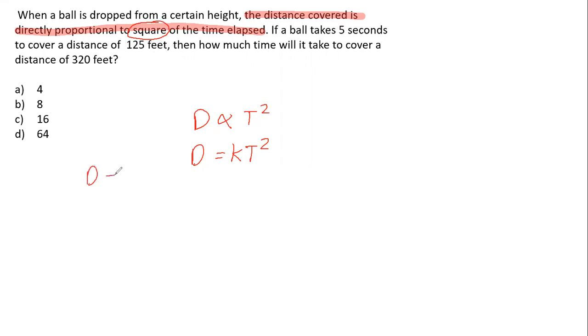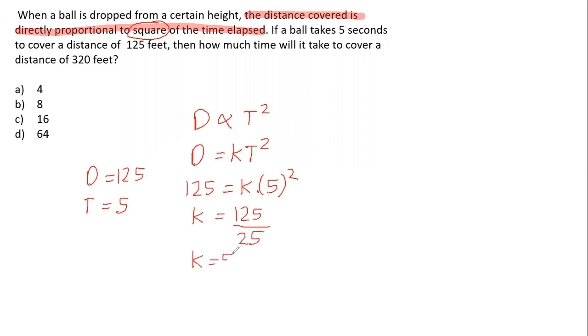So the distance is 125 and the value of t is 5 seconds. If I replace these values in this equation, 125 is equal to k times 5 square. So from here, I can get this constant, that is 125 over 5 square, which is 25. So I will get the value of k as 5.